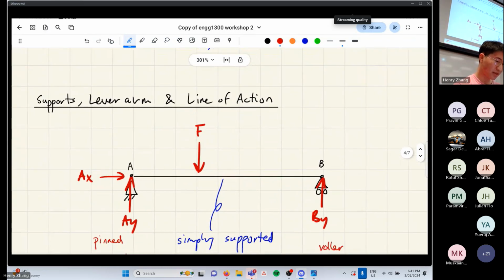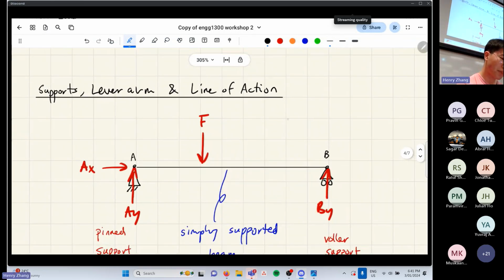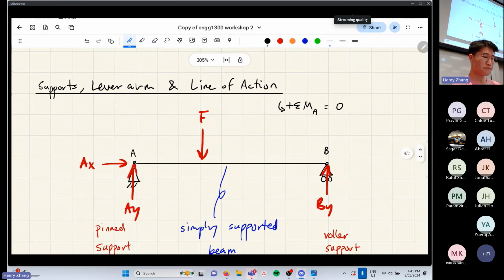So I want to take the sum of the moments about point A. And we're in static equilibrium because this beam's not moving and the support reactions are stopping it from moving, right? And so they're going to have some force in response to this external force.